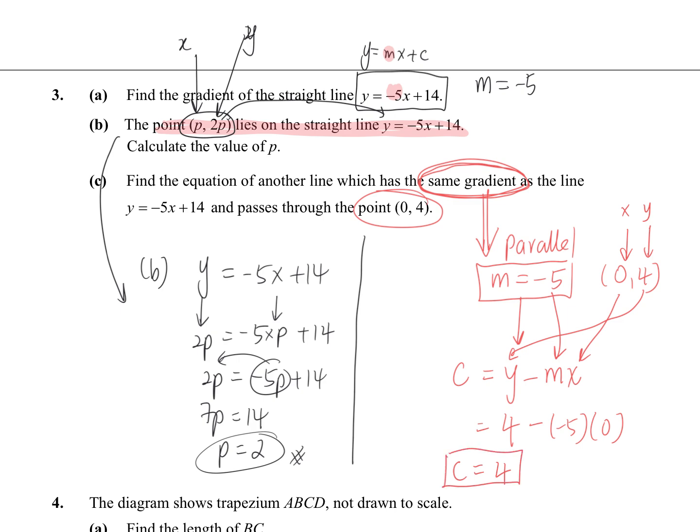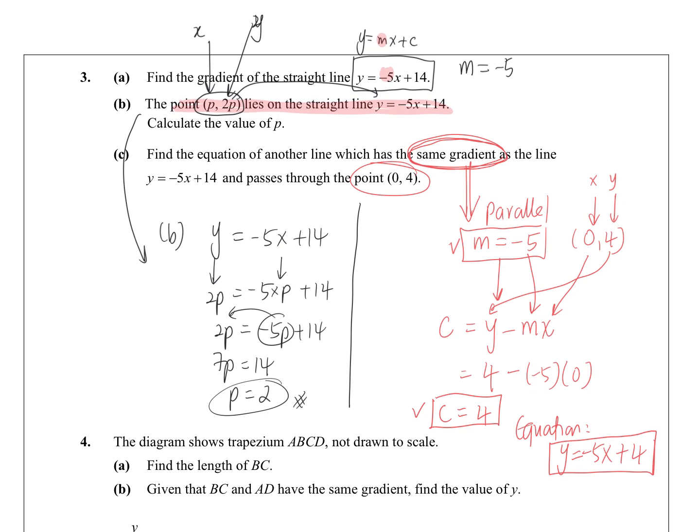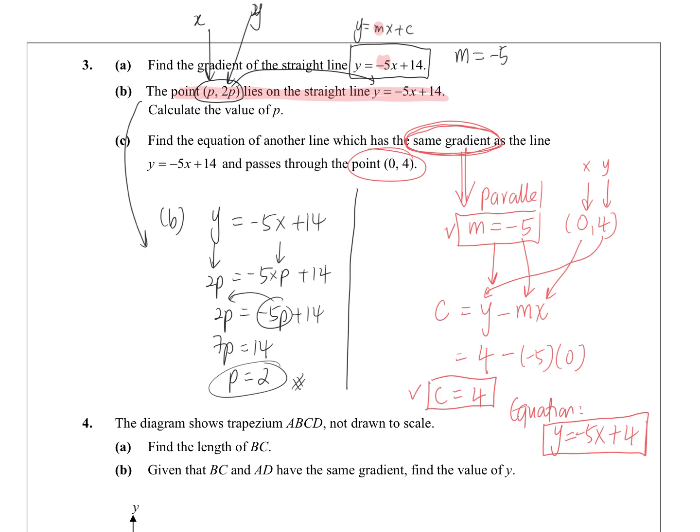With your y-intercept and your gradient, what is your equation? y = -5x + 4. That's it. So for this one you must put 1 mark, then you can leave it blank. Why do you want to leave blank? This one is quite okay, right?